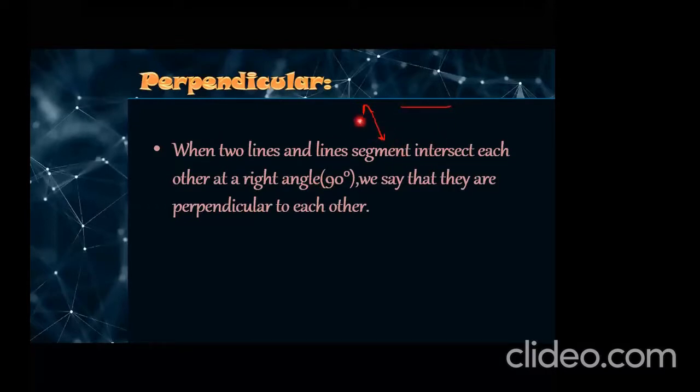If two lines intersect each other and after that they form an angle of 90 degrees, then we say that the lines are perpendicular to each other. After intersecting, if the angle is 90 degrees, we say that the lines are perpendicular to each other, and symbolically it is denoted by this symbol. This is the symbol of perpendicular, right?